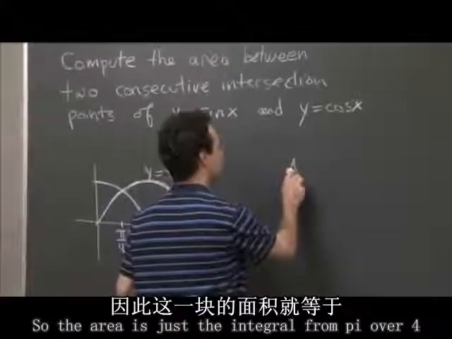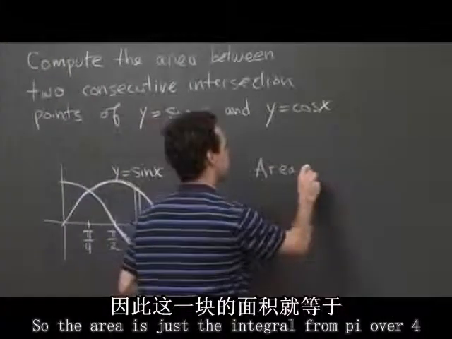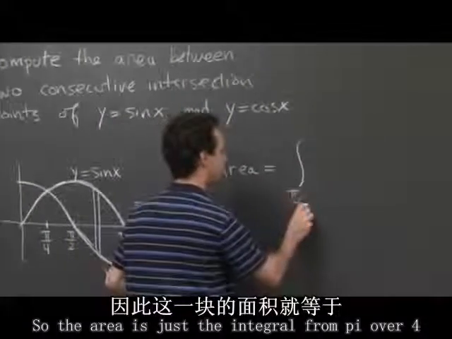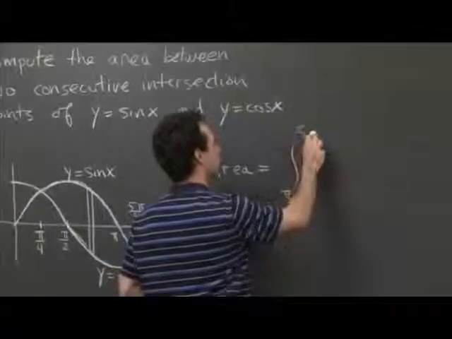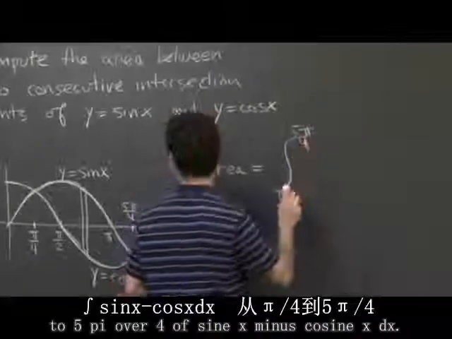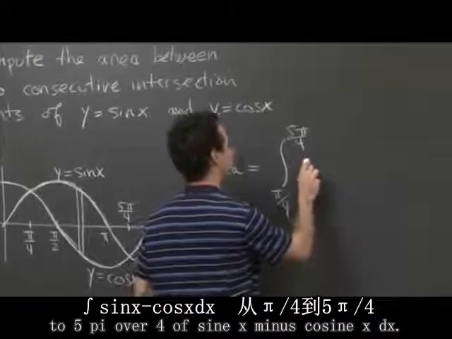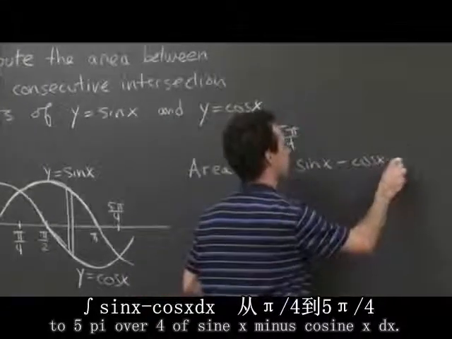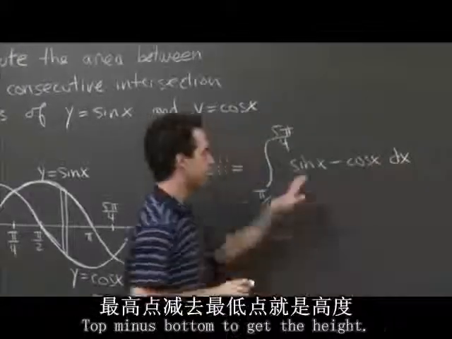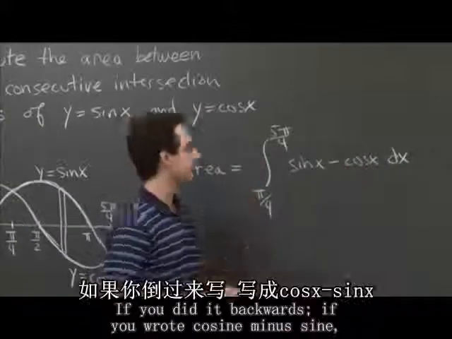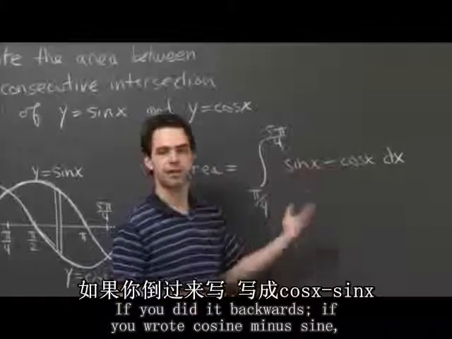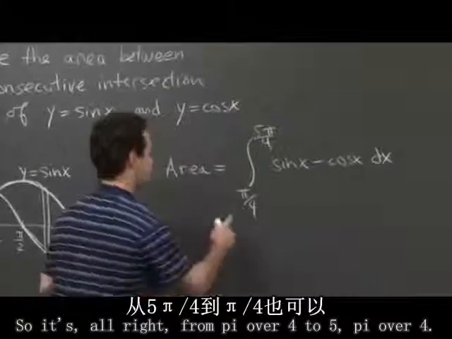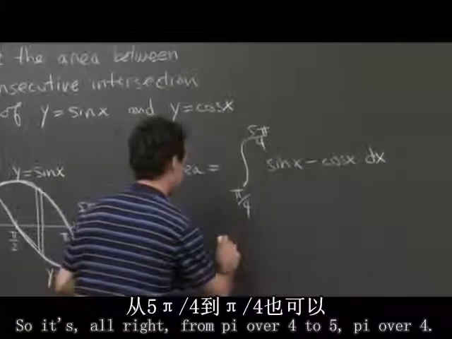So the area is just the integral from pi over 4 to 5 pi over 4 of sine x minus cosine x dx, top minus bottom to get the height. If you did it backwards, if you wrote cosine minus sine, what you would get is exactly the negative of the area.